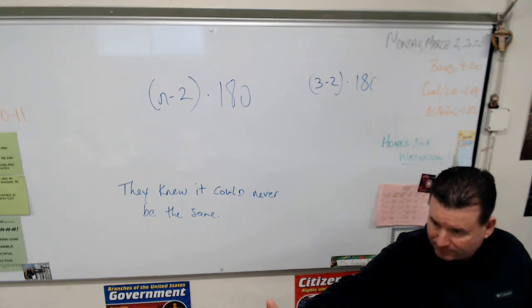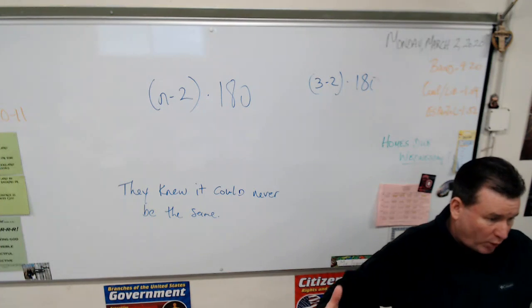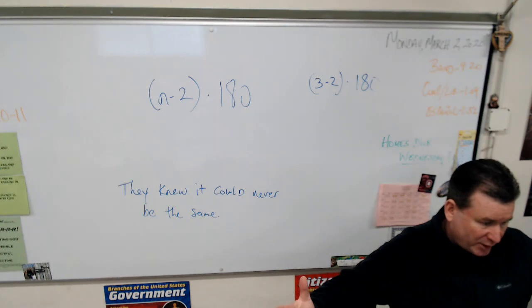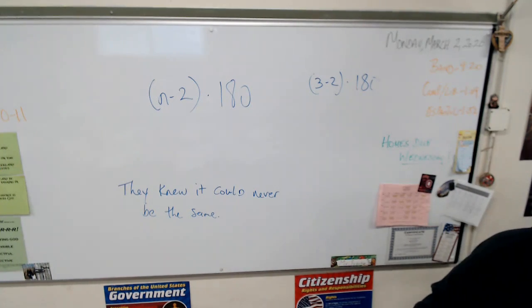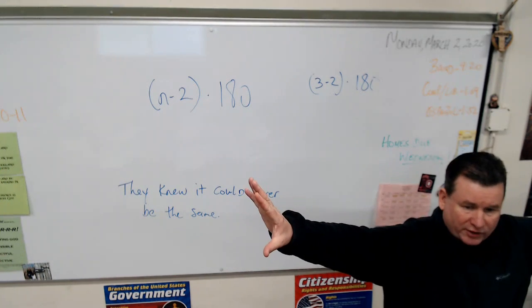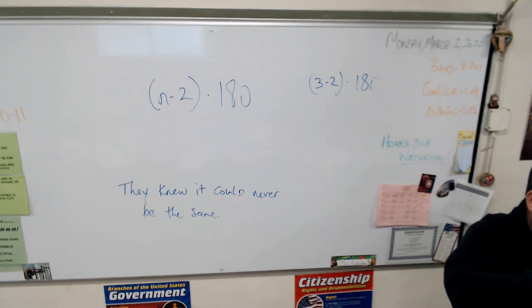So if it's 10x and the whole thing equals 720, what's x equal? 72. So if x is 72, you know your angles on the left and right are 72, and you know your angles top and bottom are 144.